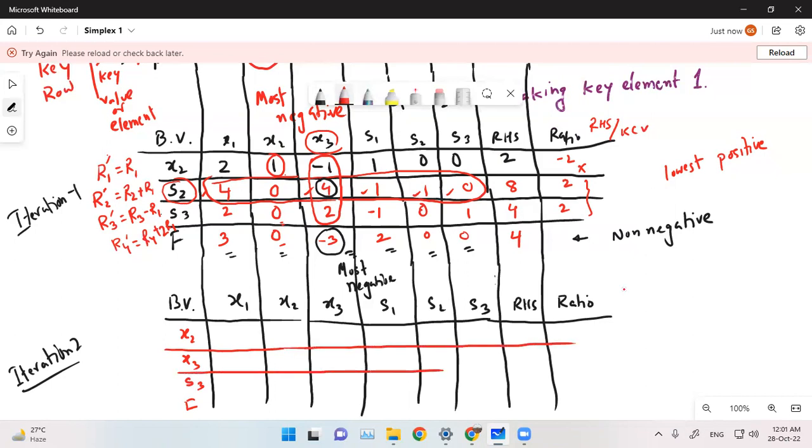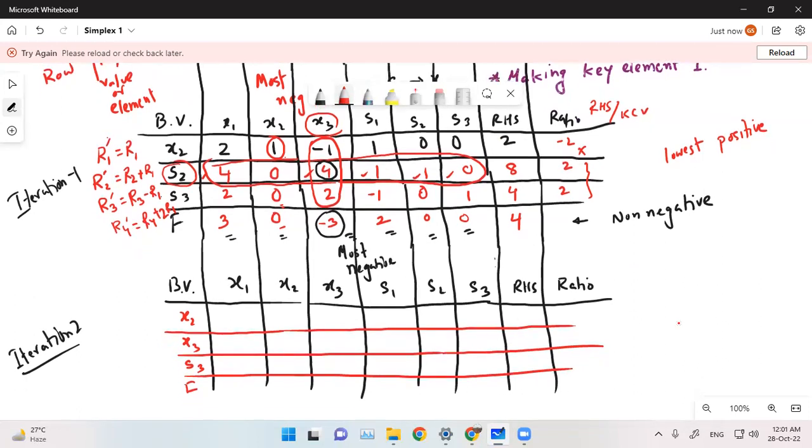Now, what should be the value of our R1, R2, and R3 double prime? Okay, so let's see. First of all, key element is not 1. So key element has to be made 1. And our key row is basically this one.